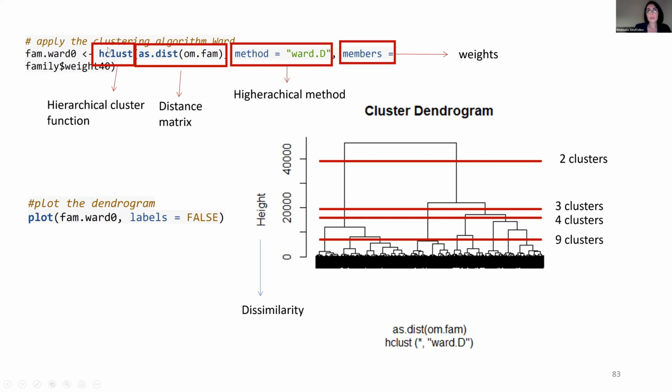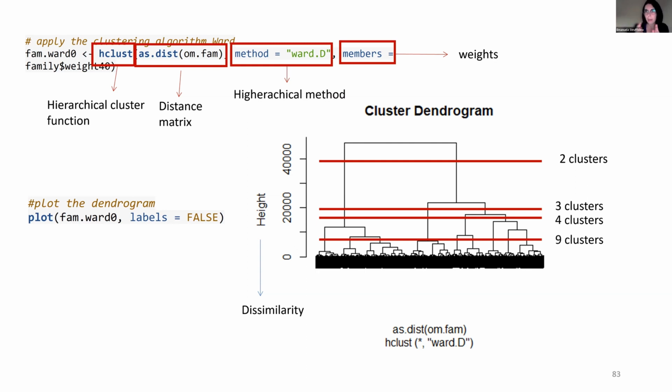What we can use this object we generated with the hclust function for is, most importantly, to see how the data are clustered after we apply this algorithm to our set of sequences. And one way to explore this is to use the dendrogram. The dendrogram can be easily plotted using the plot function and plugging in the object we generated with hclust. And here you see that this black bar is actually not a bar, but individual sequences in our data.